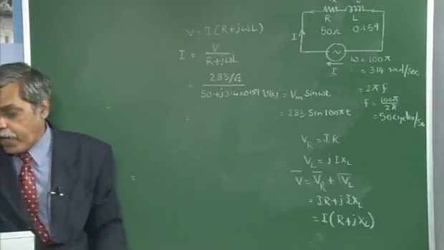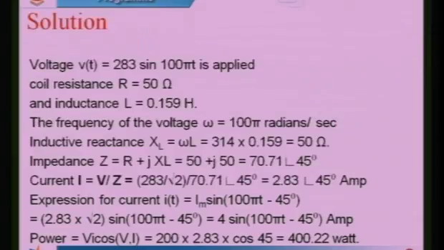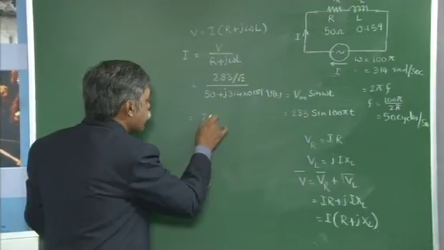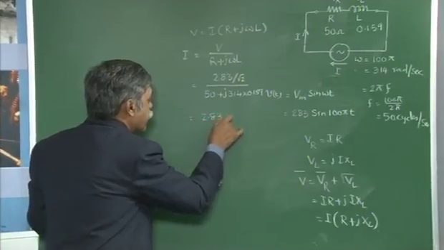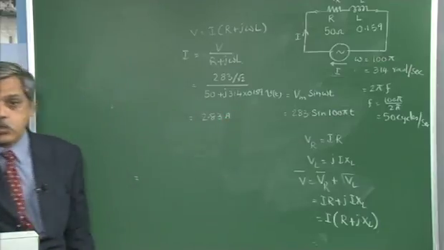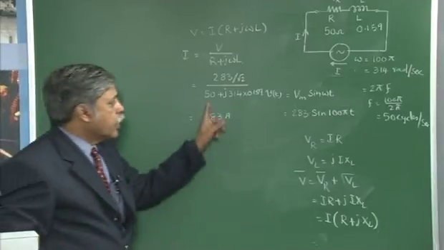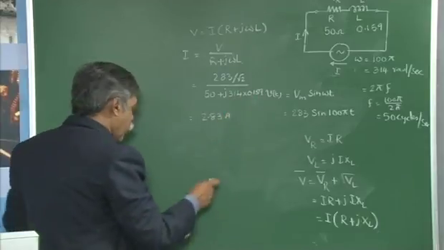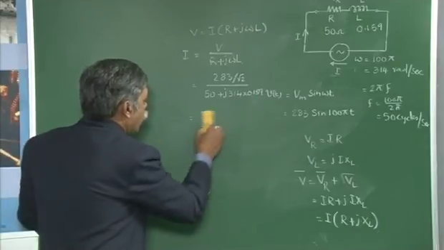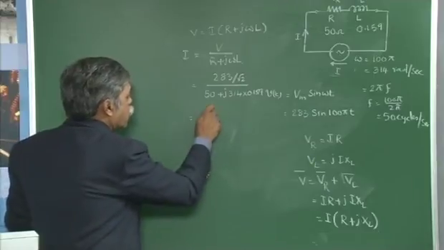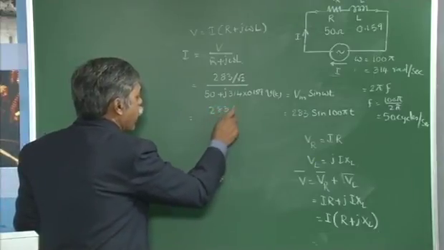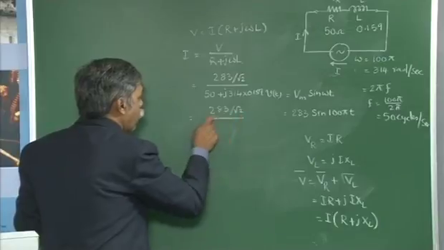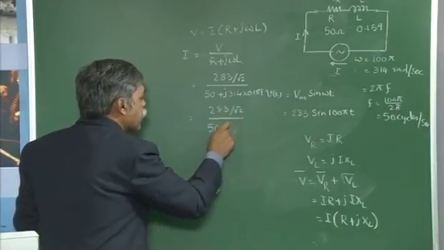So, if I simplify this term, I can show that the current will be 2.83 amperes. In the denominator, the product will give you 50 ohms. Therefore, let me write that full expression. So, 283 divided by root 2 upon 50 plus j50.